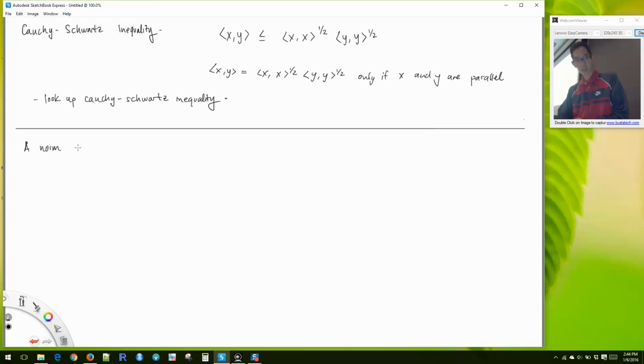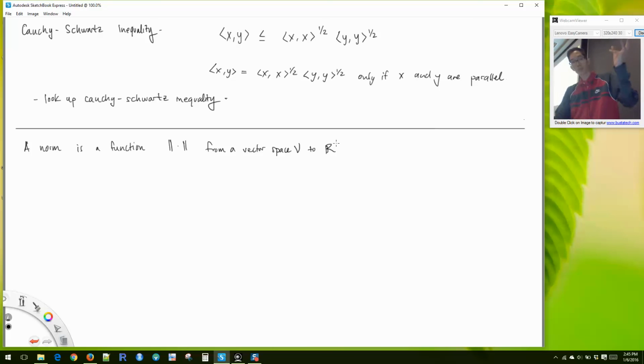Okay. So a norm is a function, and basically this is the symbol for the function that we're using. So it's a function from a vector space to the set of real numbers.